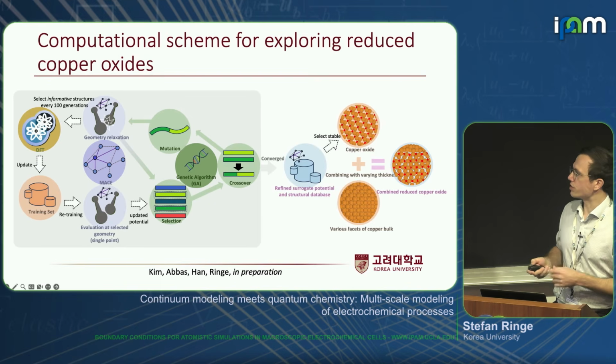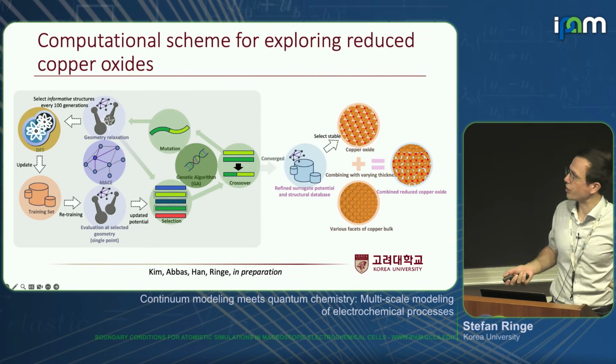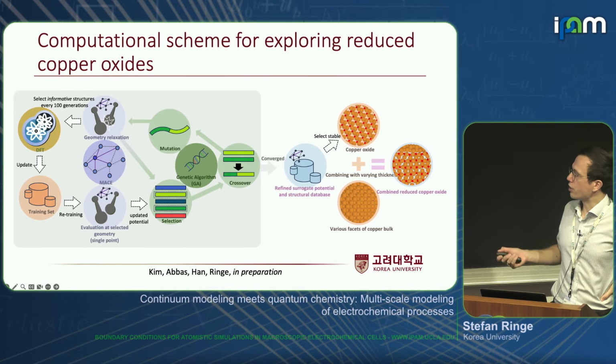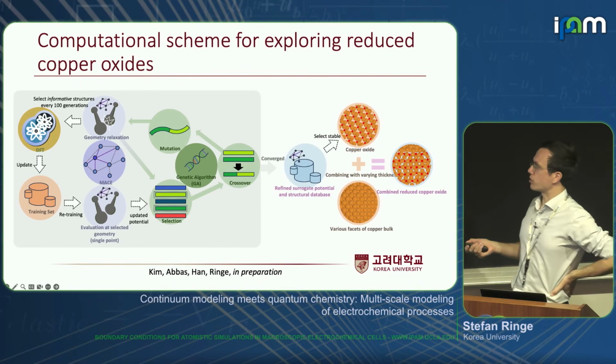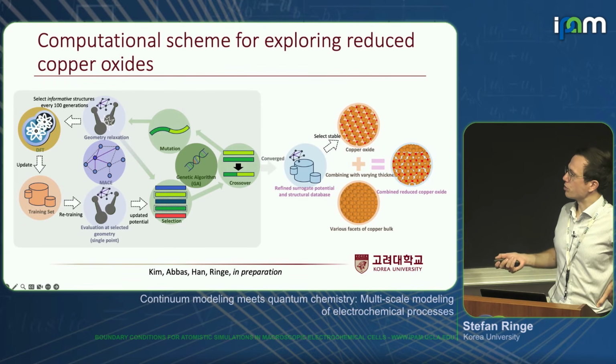And in order to do this, we have another project in which I just want to show very shortly to you, where we also use machine learning. And here we are looking at the bulk at the moment. We also moved now to the surface, but I show you the results for the bulk. So we trained a MACE potential on reduced copper oxides.